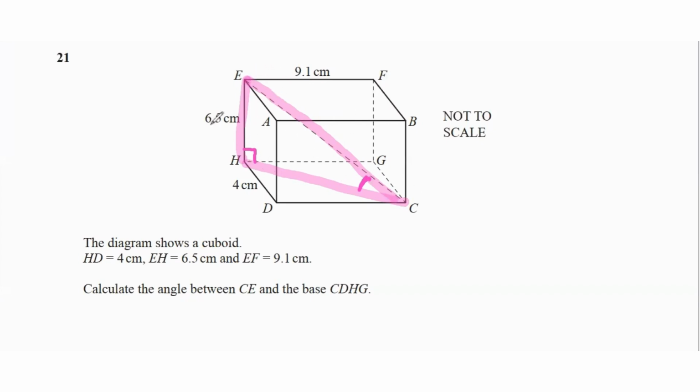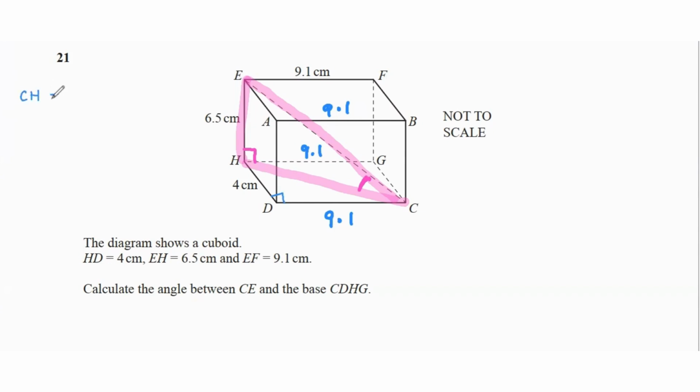We already have EH. So what we're going to do is that we know this is 9.1, which means this is also 9.1. And this is also 9.1. So we can easily find CH using Pythagoras because it is also a right angle triangle.